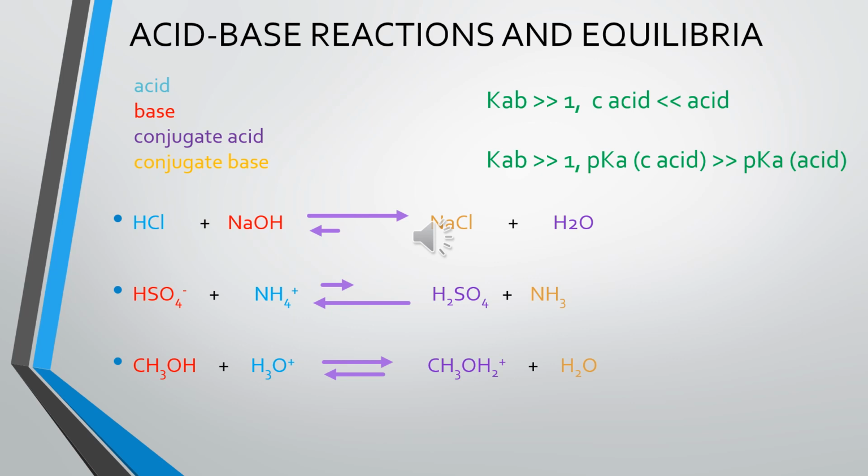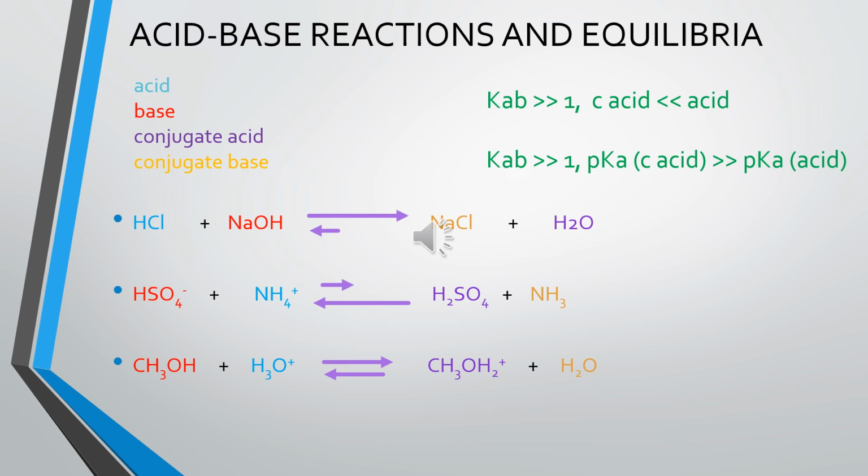Or to put it another way, when the pKa of the conjugate acid is much greater than the pKa of the acid, the equilibrium lies far to the right, okay? Look at the second example. The second example is a case where the equilibrium lies far to the left. That's because sulfuric acid is a much, much stronger acid than ammonium. Okay, so this is all consistent.